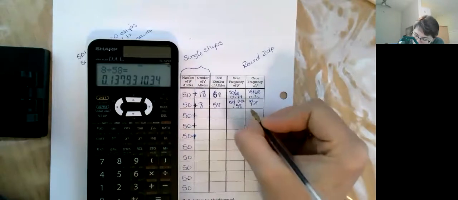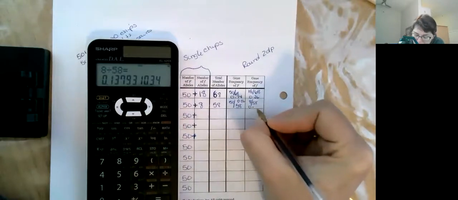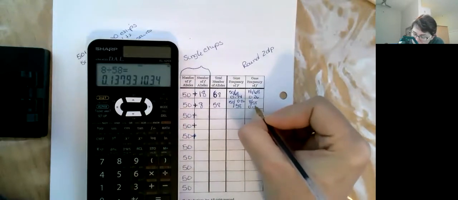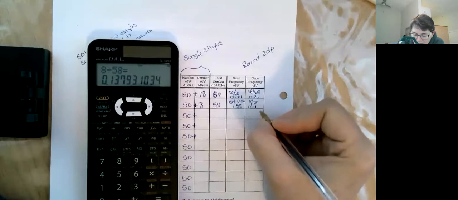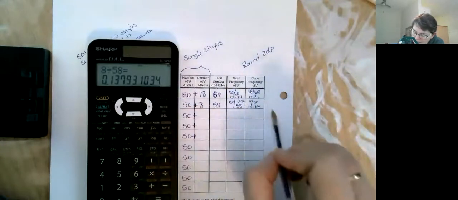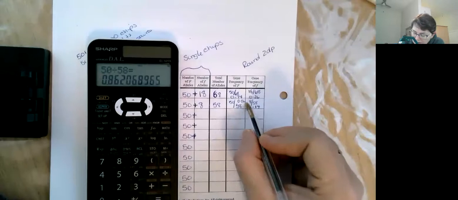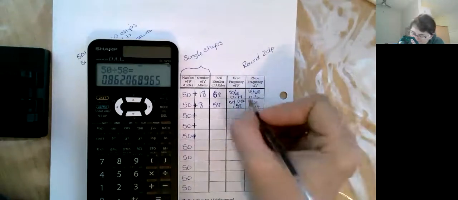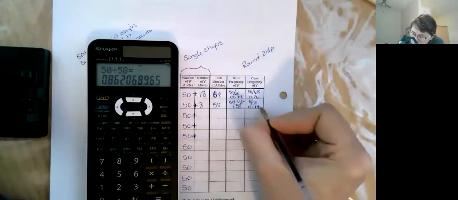And that's going to be 0.14. I'm going to check my math because that should add up to 1. So 50 divided by 58 is 0.86. Oh yeah, it does. I was looking at the wrong part. There's my answer, and there's my answer.